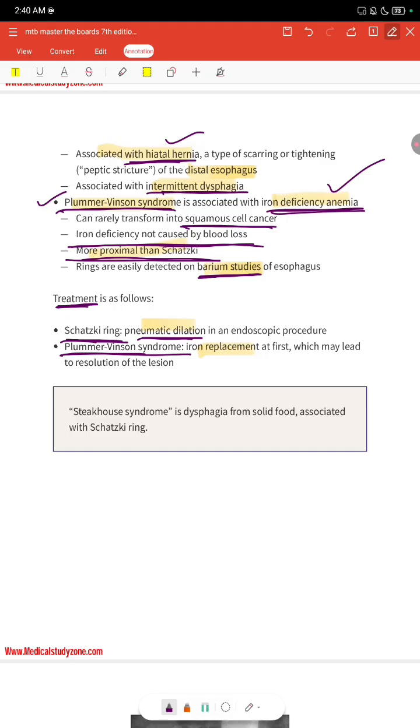So it is an endoscopic procedure where you dilate the esophagus through the help of a device which is put there with the help of endoscopy, and then through mechanical pressure dilate it. While in Plummer-Vinson syndrome, iron replacement at first is the treatment, which may lead to resolution of the lesion.